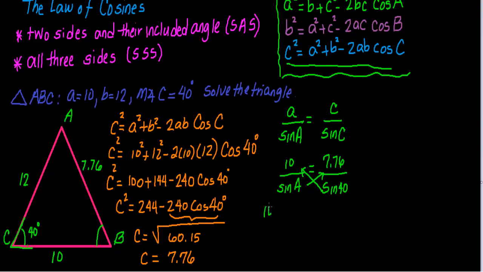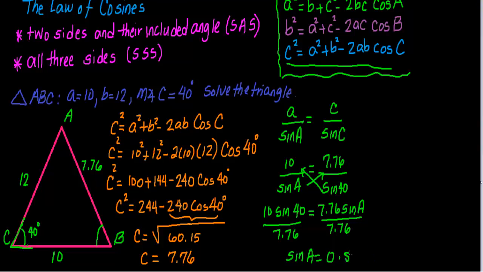On this side, I have 10 times the sine of 40 equals 7.76 times the sine of A. So I will divide both sides by 7.76, and the sine of A is 0.8283.